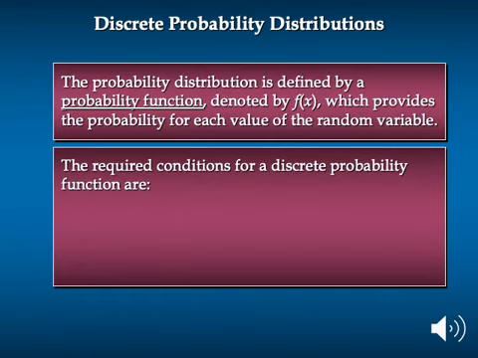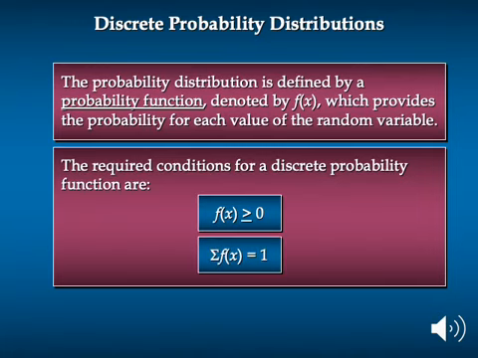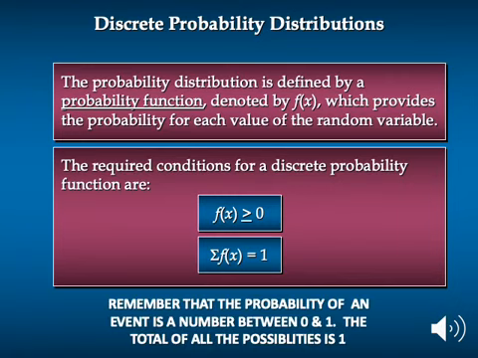The required conditions for a discrete probability are that the function of x is equal to or greater than 0. And the total of all of the outcomes that are possible is going to always come out as 1. The probability of an event is a number always between 0 and 1.